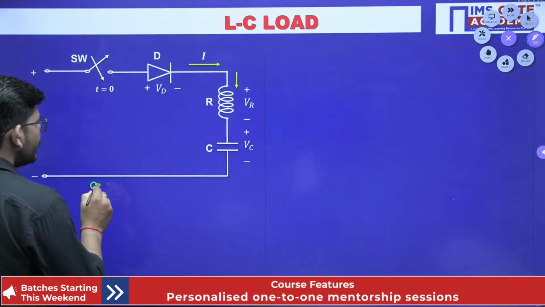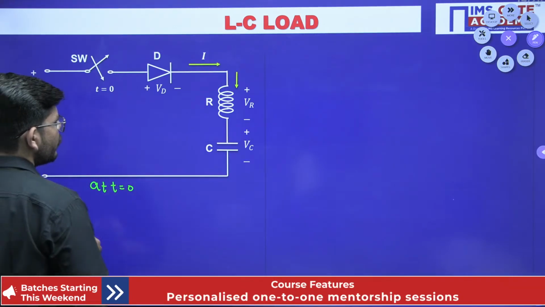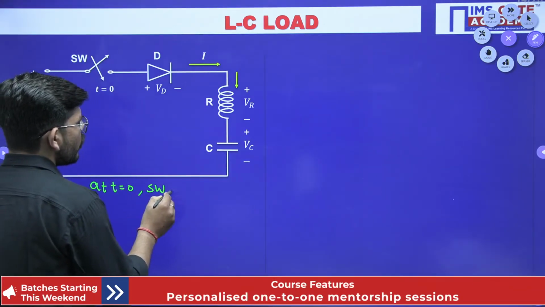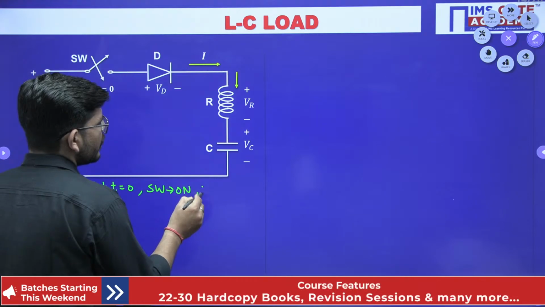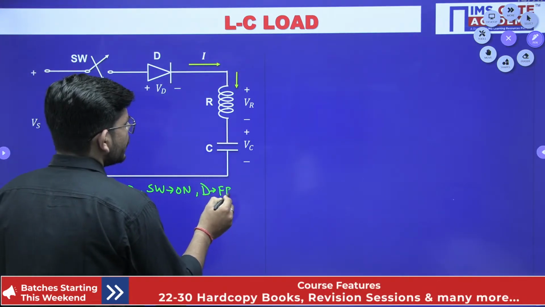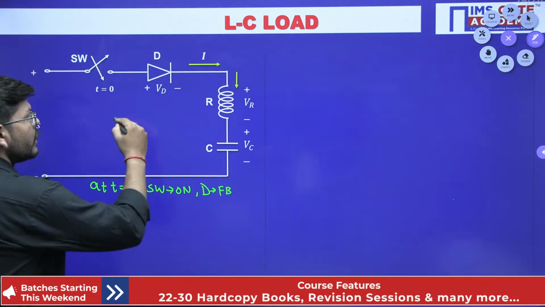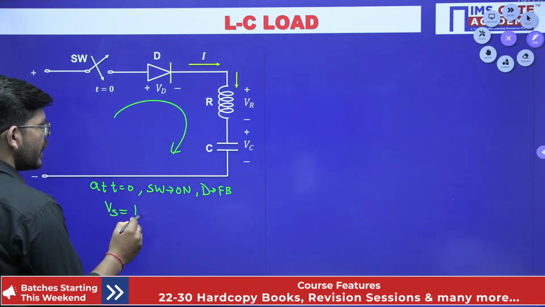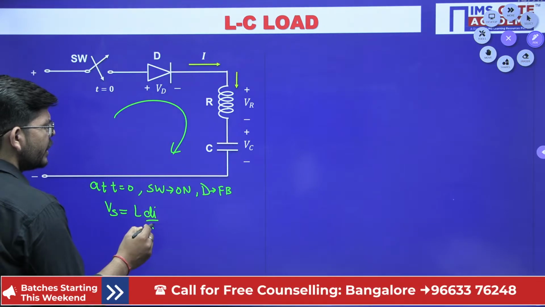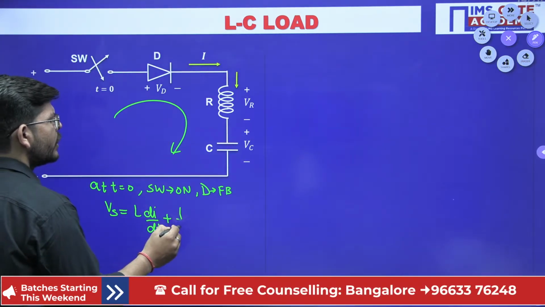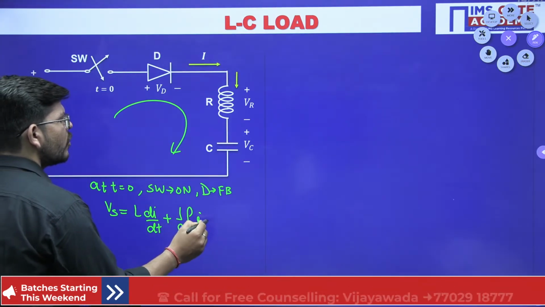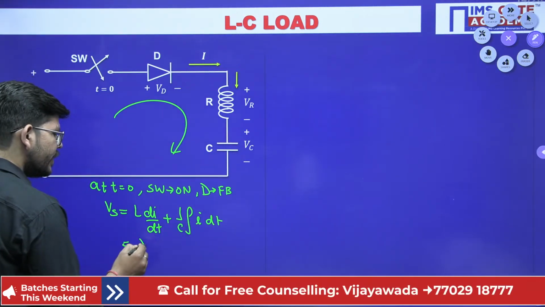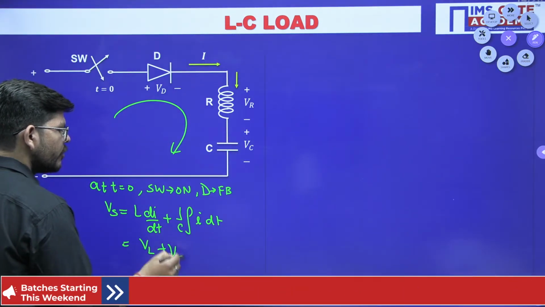At t equals to 0, we switch on this switch and the diode gets forward biased, and then applying KVL, Vs equals L di by dt plus 1 upon C integral of i dt, which is nothing but VL plus Vc.